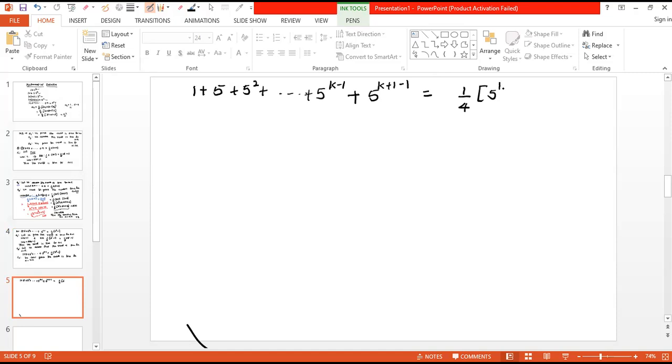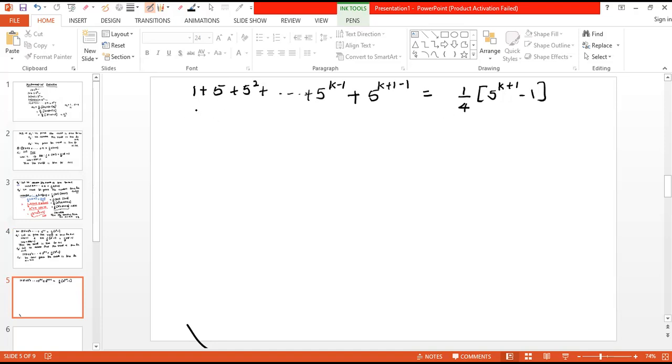This is simply 1 by 4, 5 to the power k plus 1 minus 1. Okay. So now we have to show that on the RHS we have 1 by 4, 5 to the power k plus 1 minus 1. So is the LHS also the same? That's what we have to prove.